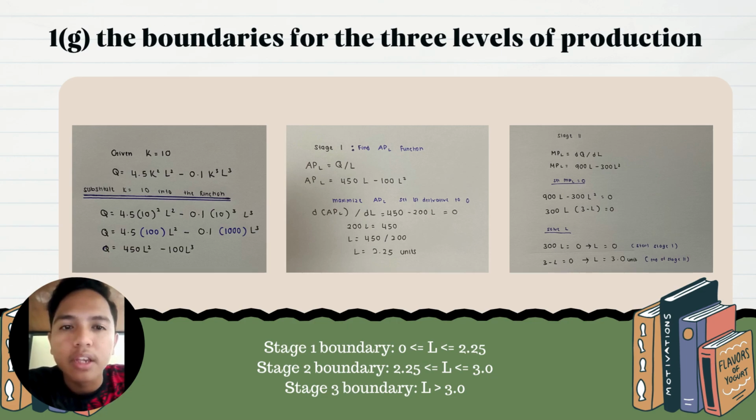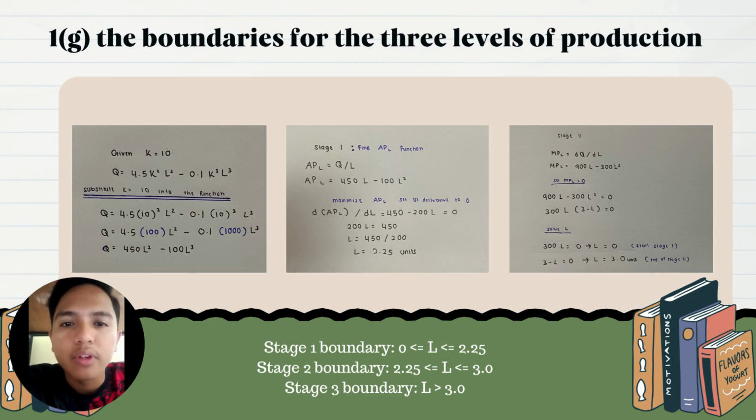By substituting K equal to 10 into the original production function Q equals 4.5K squared L squared minus 0.1K cubed L cubed, we get Q equals 4.5(10) squared L squared minus 0.1(10) cubed L cubed. Simplifying the calculation gives us our final total product function, which is Q equal to 450L squared minus 100L cubed.